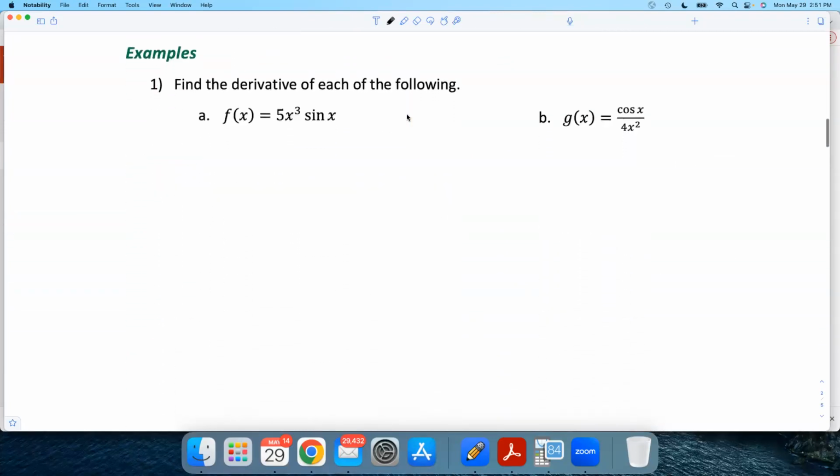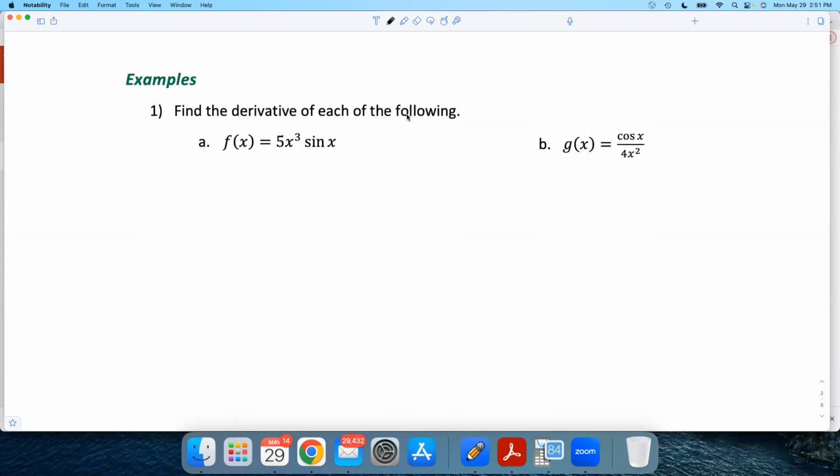Okay, and now let's just do a bunch of examples based on those. So here I've got a product. This will be a product rule. So here's function number 1, here's function number 2. The derivative of a product is take the derivative of the first times leave the second alone, plus the derivative of the second, the derivative of sine is cosine, times leave the first alone.